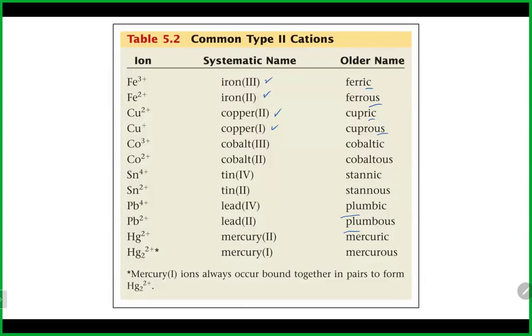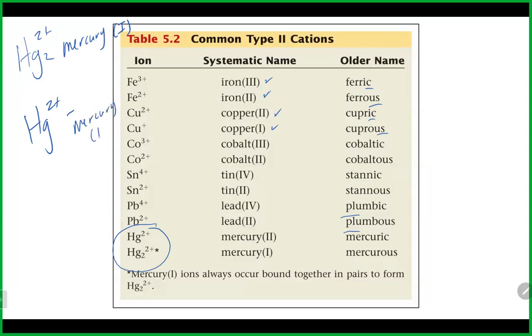The one type 2 metal that really screws up people a lot is right here, our friend mercury. Mercury like this and mercury like this are two different mercuries. This one here that oddly has a lot of 2's in it is mercury(I), Roman numeral 1. And the one that has just the one 2 in it is mercury(II).